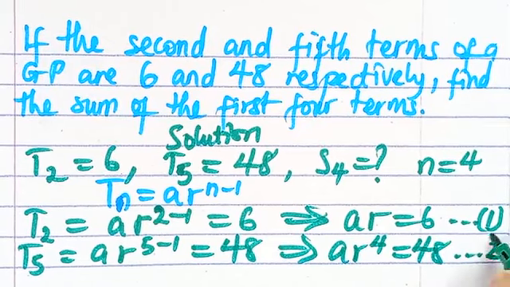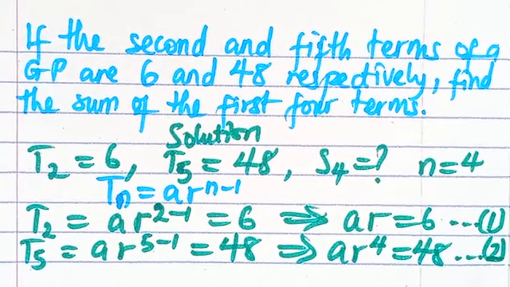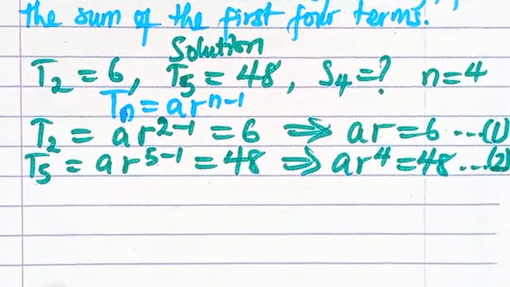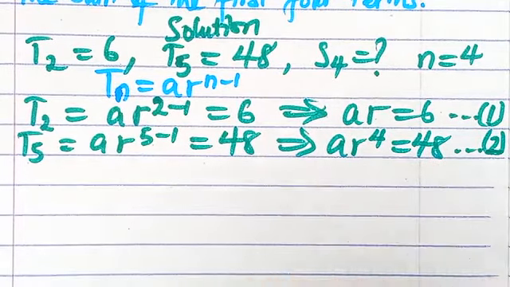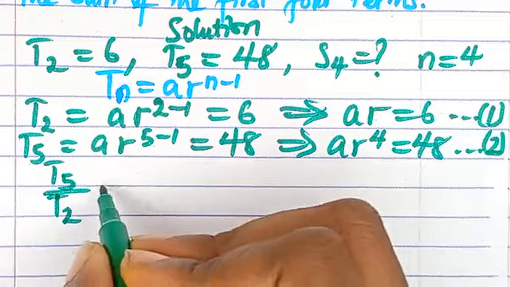This forms equation 2. Remember the next thing we did was to say equation 2 divided by equation 1. We have equation 2, which is t number 5, divided by equation 1, t number 2.